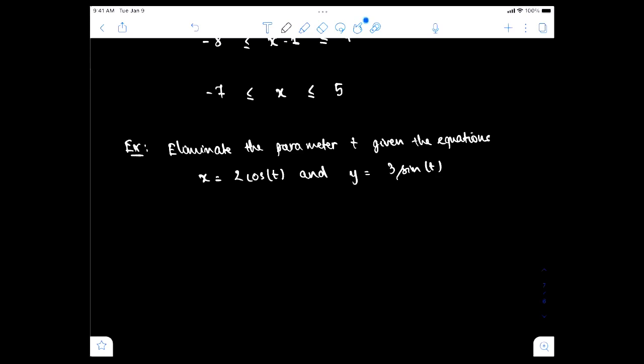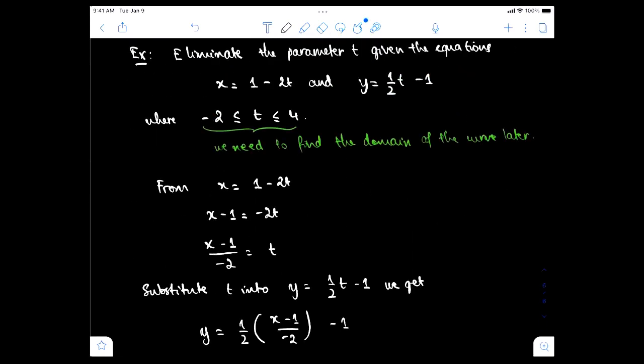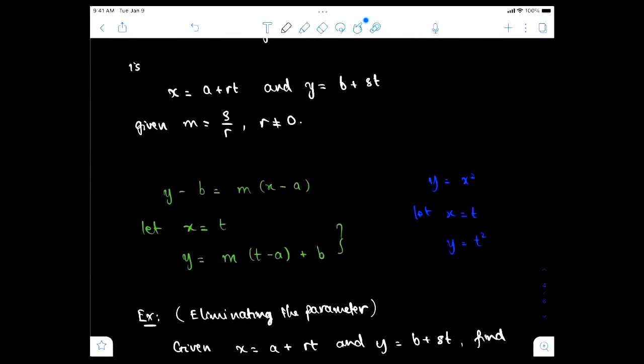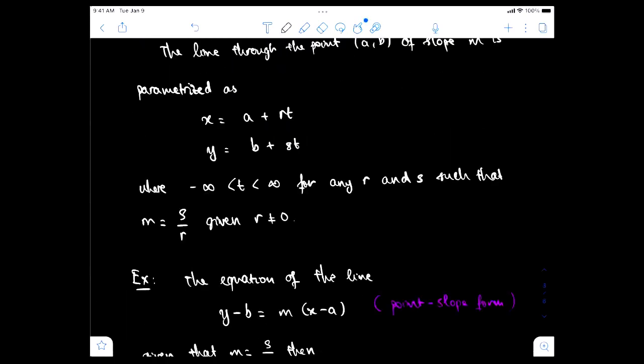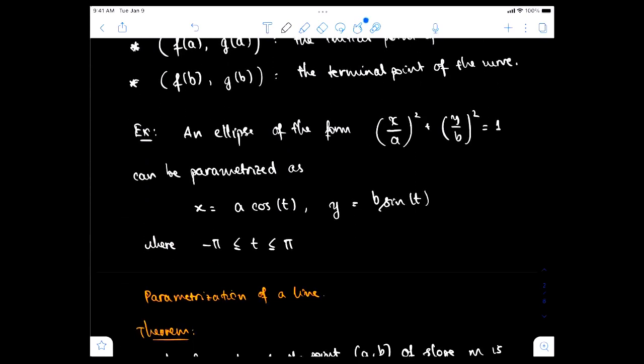If you notice, this looks very similar to the general form of an ellipse. We talked about the parametric equations of an ellipse earlier: x is equal to a times cosine of t, and y is equal to b times sine of t.